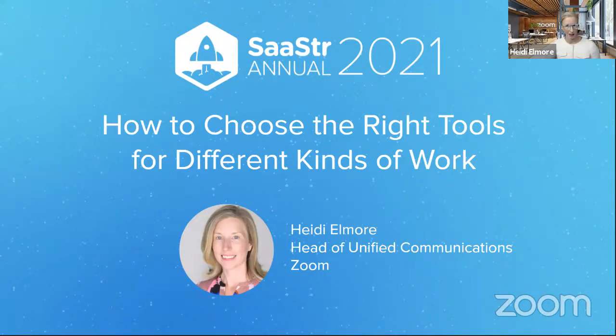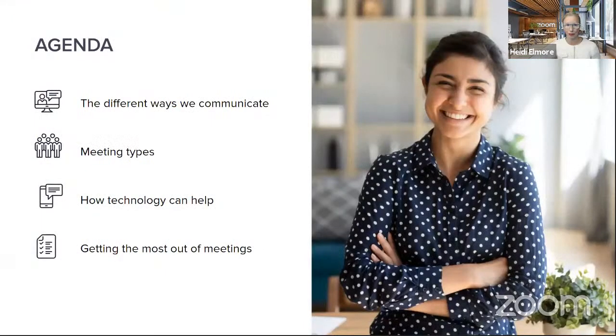So let's dive in to when to use different types of tools for different types of work. In our brief time today, I'll talk about 4 different things. First, let's explore how different technical communication modalities can help us align with how we naturally want to interact with one another. We'll talk about different meeting types we typically see in our enterprises, small business, government agencies, et cetera, your organization of choice, or even our healthcare systems.